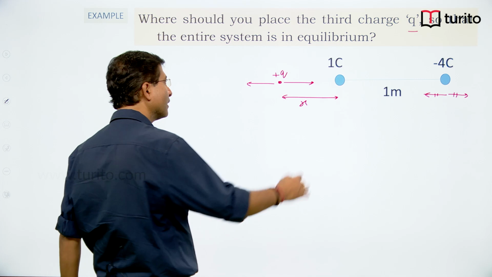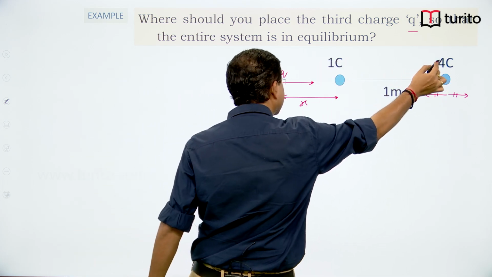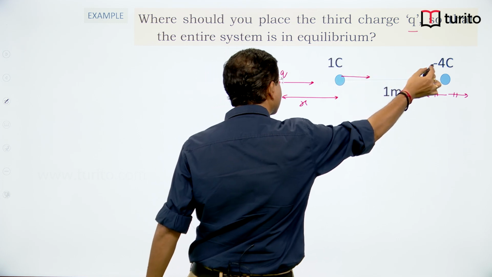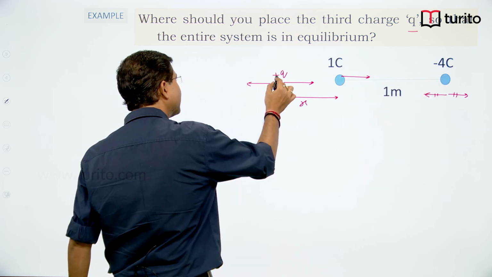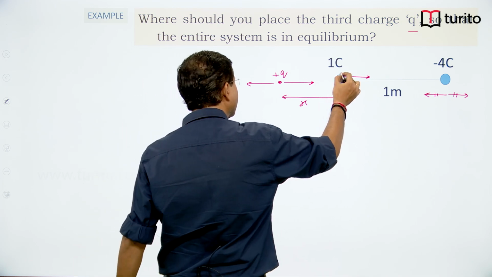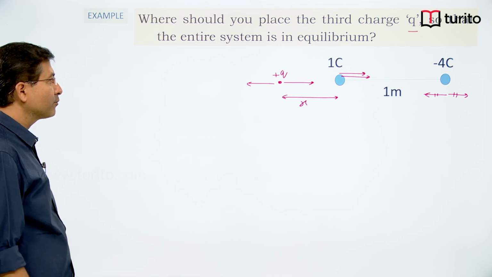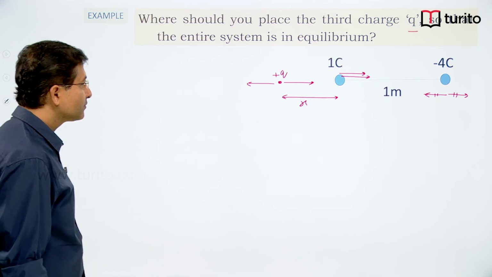Similarly, this will get attracted by minus 4c, and this will get repelled by this one. So, both are coming in opposite direction, right.